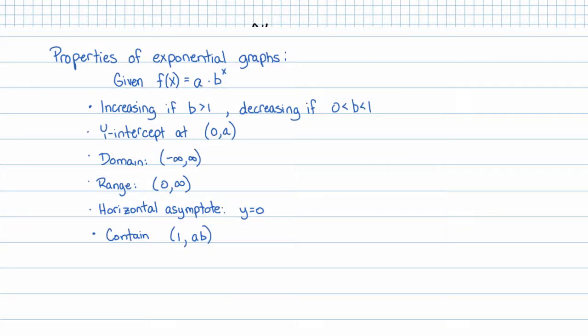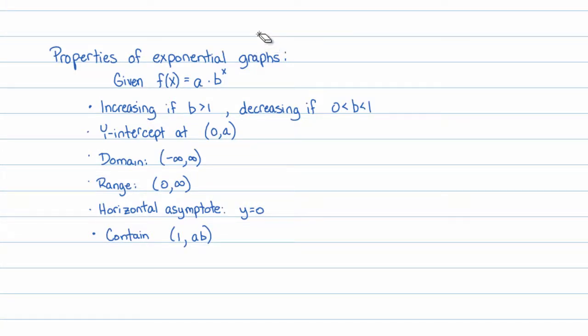Now let's recall properties of exponential graphs first. So given a function a times b to the x, we know it's an increasing exponential function if b was greater than 1, and we know it's decreasing if the base is between 0 and 1. Now, this is the only property that doesn't change when we're talking about graphs of logarithms.